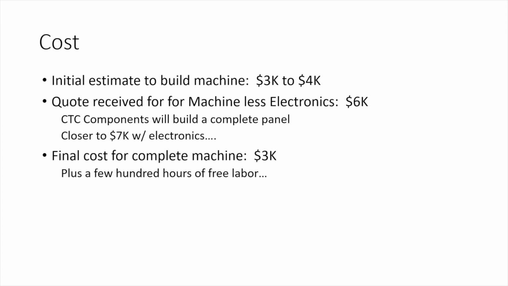And so CTC Components will build a complete panel. They quoted right around $6,000, which in my mind is fair, given that each one is a custom job and the amount of labor it would take. They would have had to do all the silk screening for the model board, etc. But it was around $6,000.